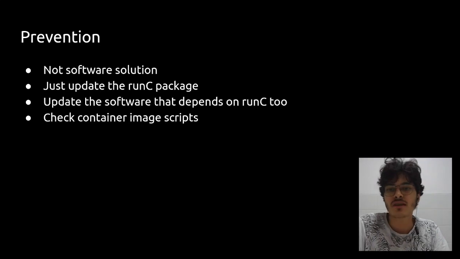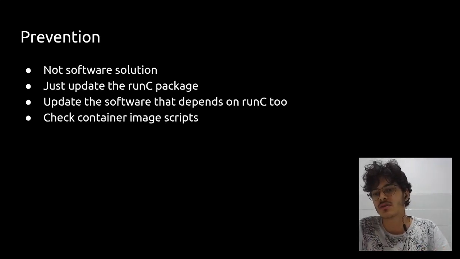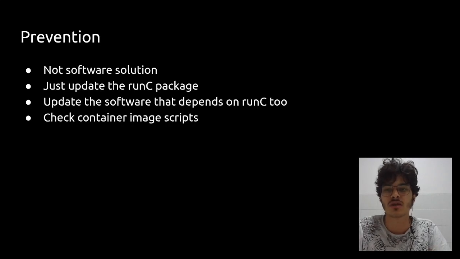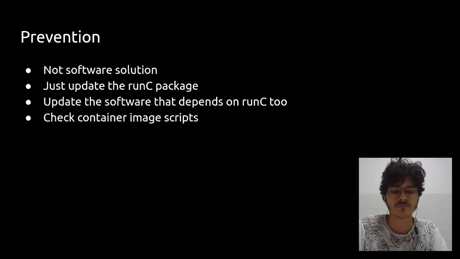And at last, check whether your container images are changing the work directory in an uncommon way, because they may be trying to get access to the host file system.